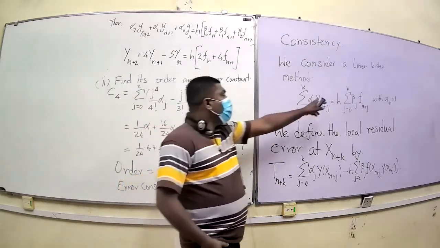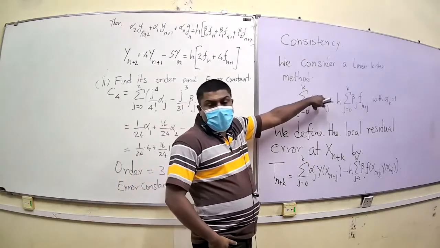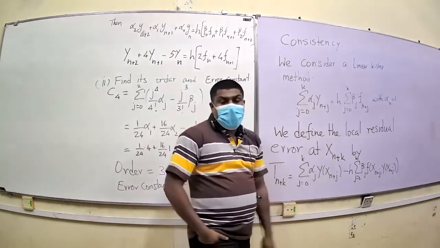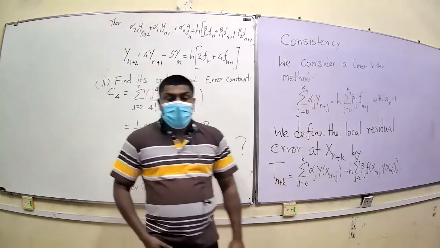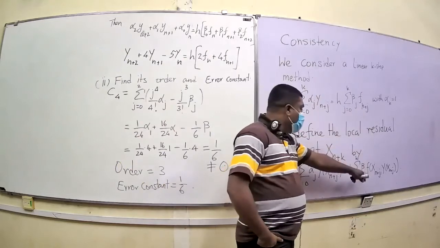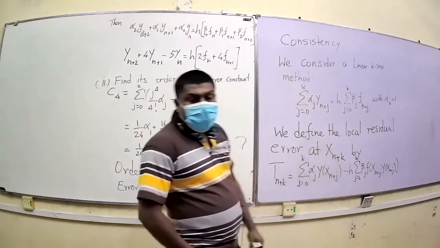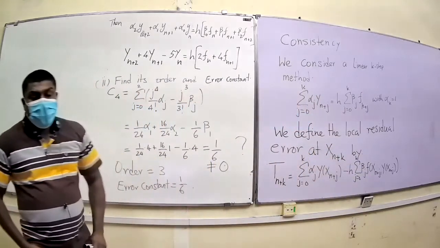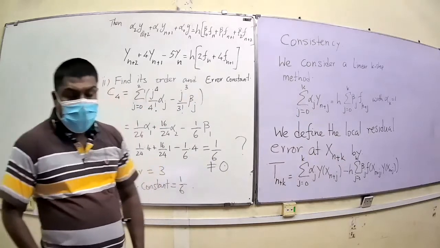So yn plus j is the approximated value, but y at xn plus j is the real value, and fn plus j is the approximated value of the function. F at xn plus j comma y xn plus j is the real value of the function.